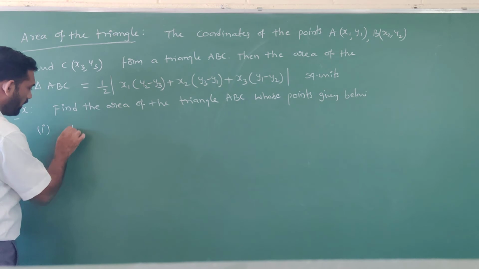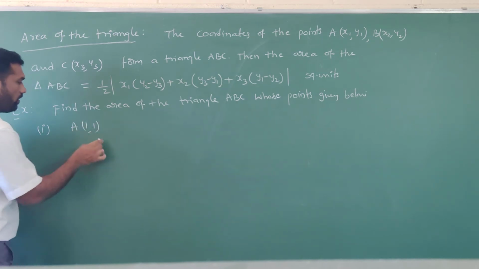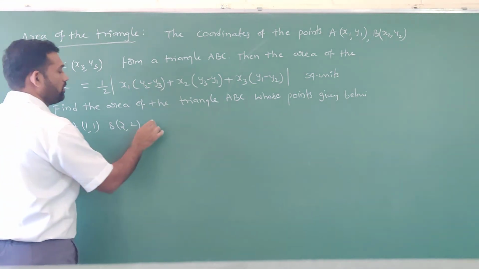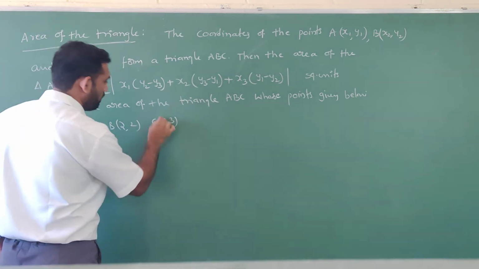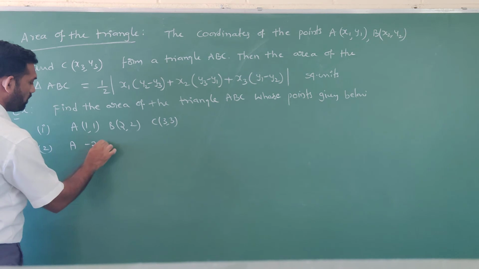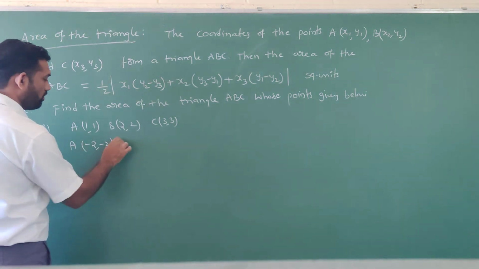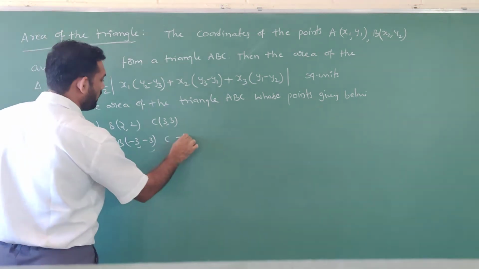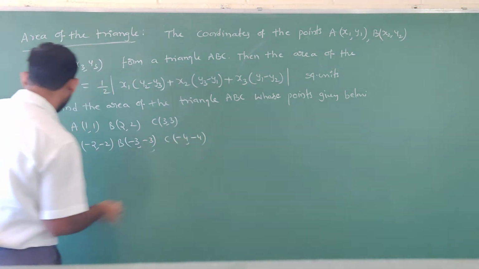First question: A (1, 1), B (2, 2), C (3, 3). Next, second question: A (-2, -2), B (-3, -3), C (-4, -4).